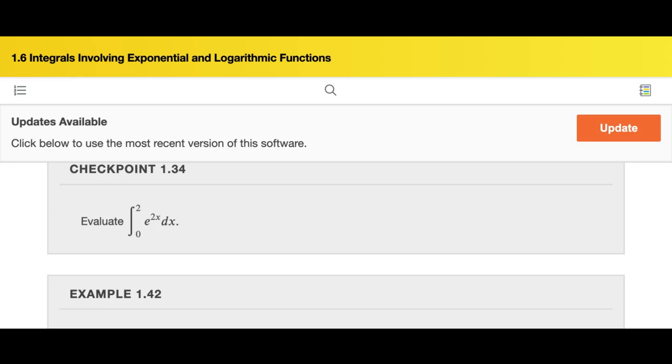Okay, so let's see. When I see something off, sometimes I mean parentheses. So half of e to the 4 minus 1, half of e to the 4 minus 1.